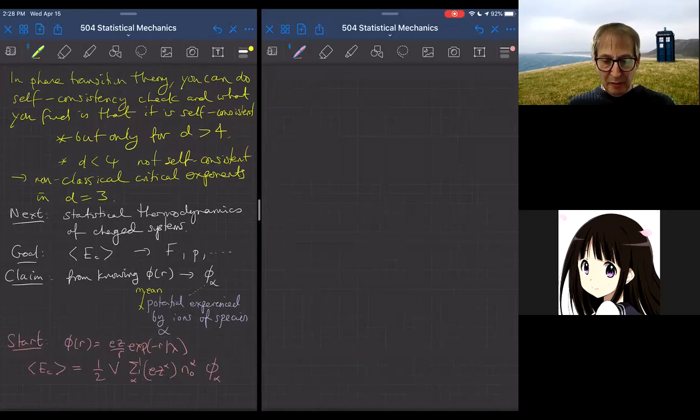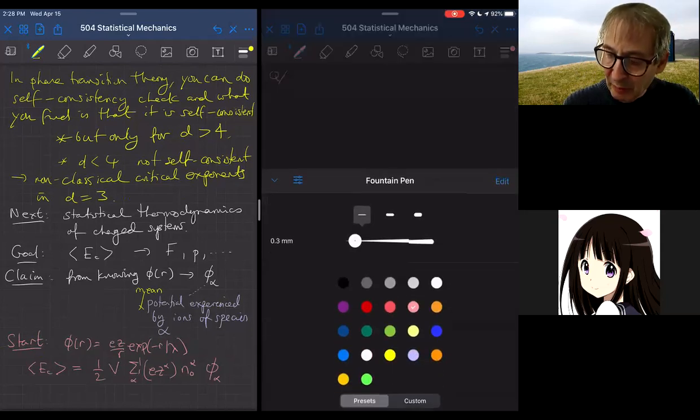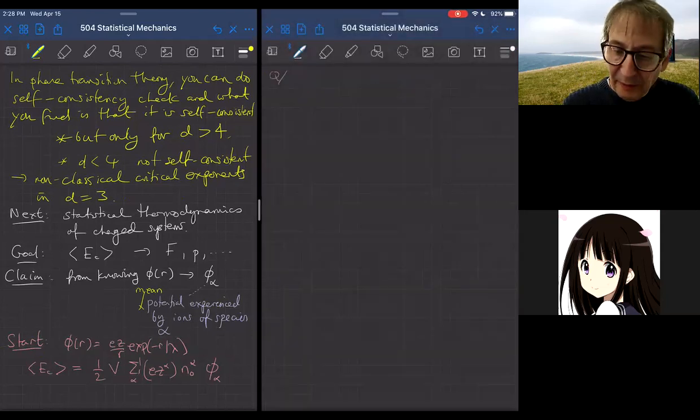So the way I'm going to compute phi alpha is we're going to ask the following question: what is the potential experienced by the test charge?